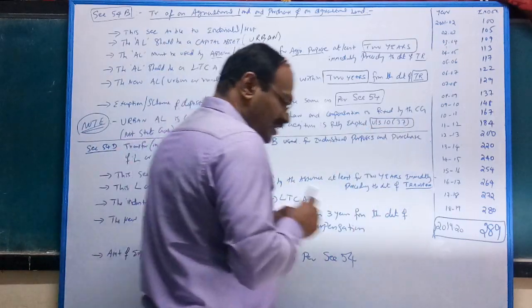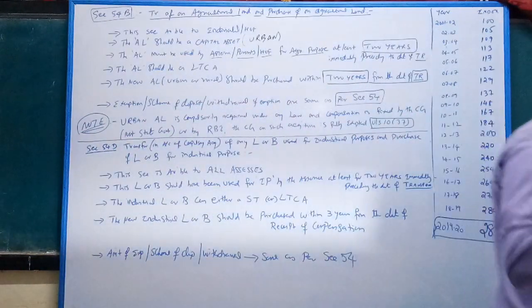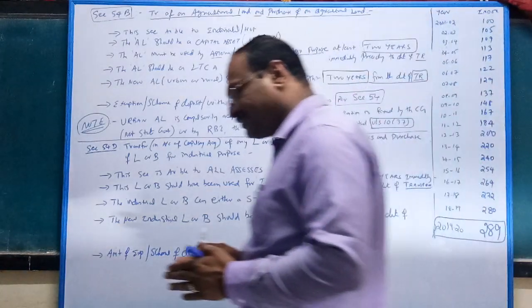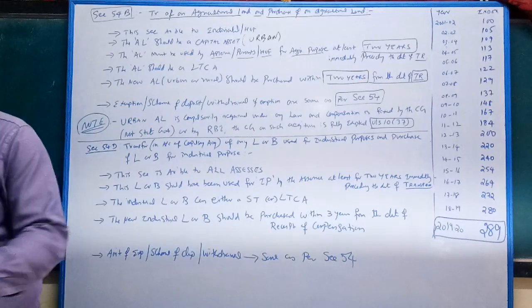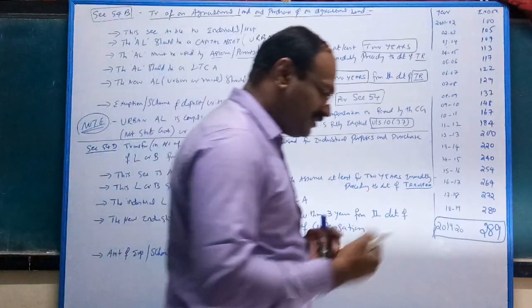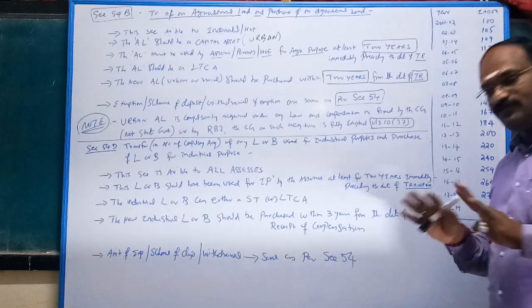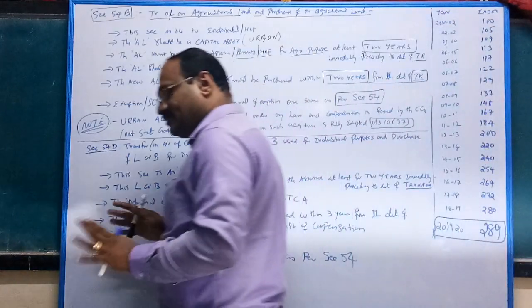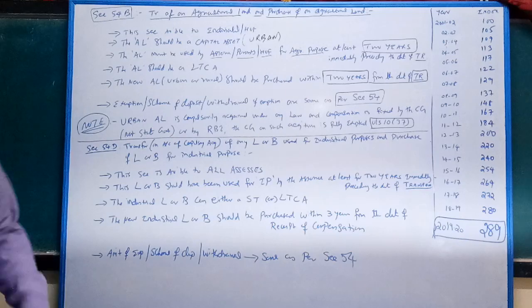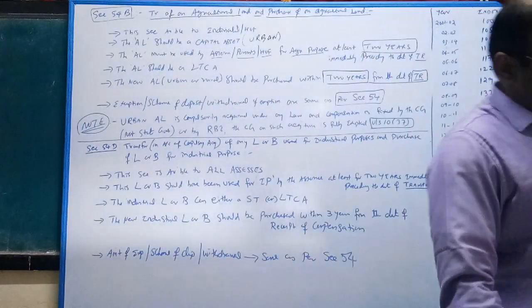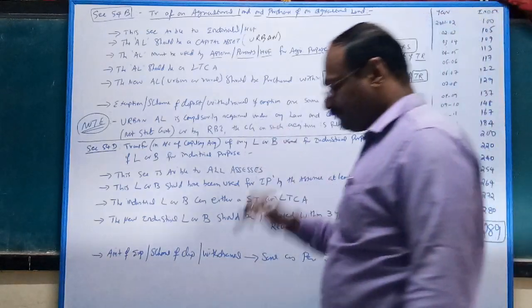So listen carefully, the capital gain on account of such acquisition is fully exempted under section 10(37). Any doubt? Okay, next, section 54D.